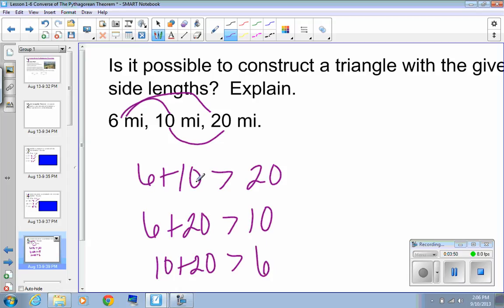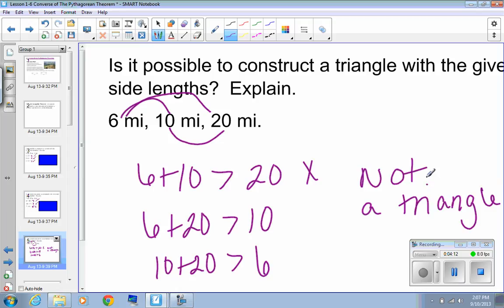So 6 plus 10 is 16, and 16 is not greater than 20. Because this does not work out, we don't need to check the rest, so it would not be a triangle. So I didn't get confused, I tried 6 and 10, 6 and 20, and then 10 and 20.